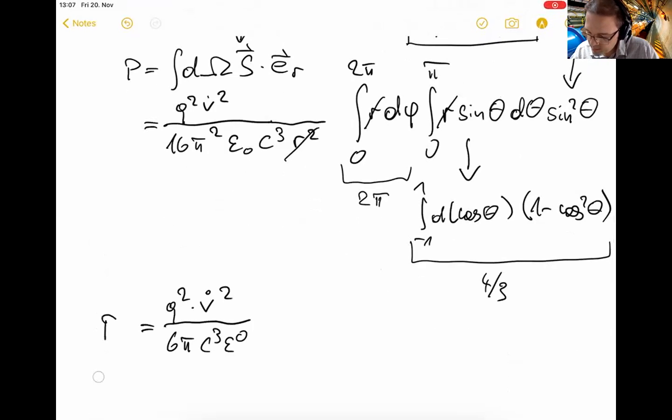And that's the dissipated power of an electric charge that's accelerated. So we have here our charge q that is accelerated so that it moves with a velocity change of delta v. So it was accelerated during a time delta t. And this is Larmor's equation.